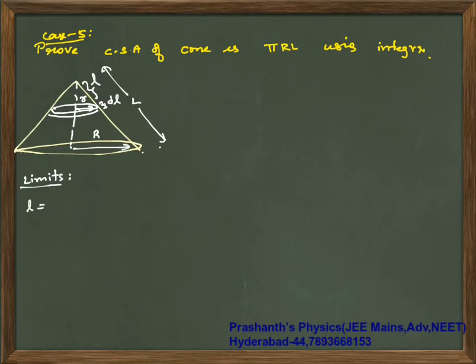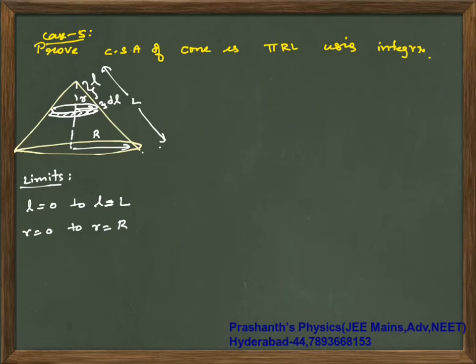One is in terms of L, if you are writing L equal to 0 to L equal to capital L, you have to add area of many such small rings from top to bottom, or from R equal to 0 to R equal to capital R. That means you are adding up small areas from R equal to 0 to R equal to capital R.